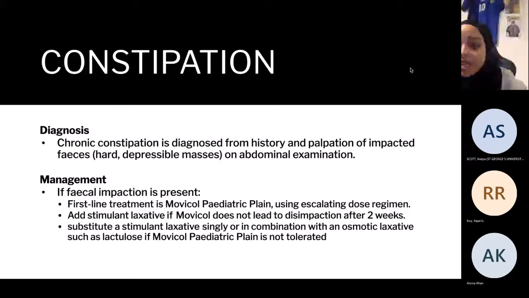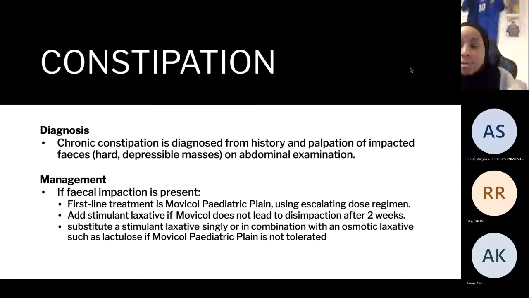If that doesn't work, then you can add a stimulant laxative after 2 weeks, like Senna, for example. You can substitute a stimulant laxative singly, or use it in combination with an osmotic laxative such as lactulose, if the Movicol isn't tolerated.